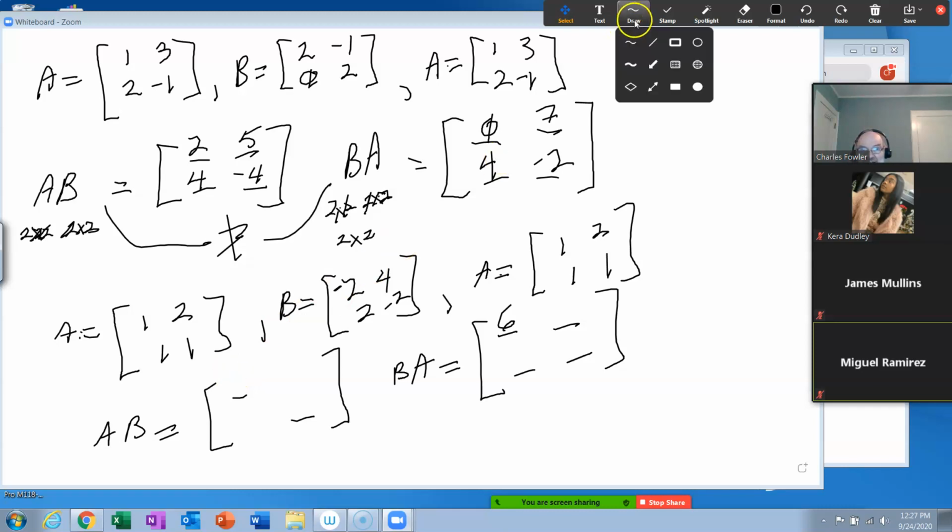Yuck! Now it starts doing this mess. 2. First row, second column, 4 minus 4 is a 0. Second row, first column is a minus 2 plus 2, that's a 0. And this one is a 4 minus 2 is a 2.